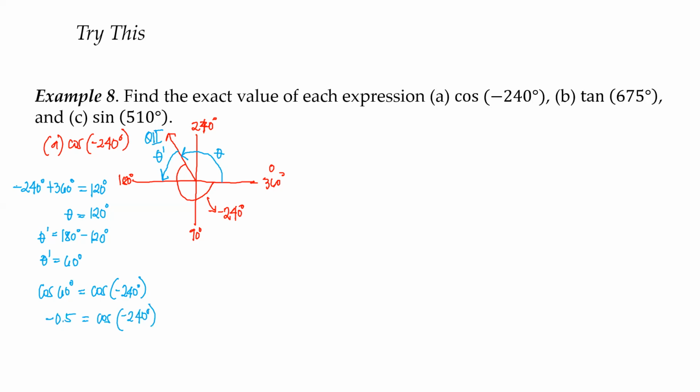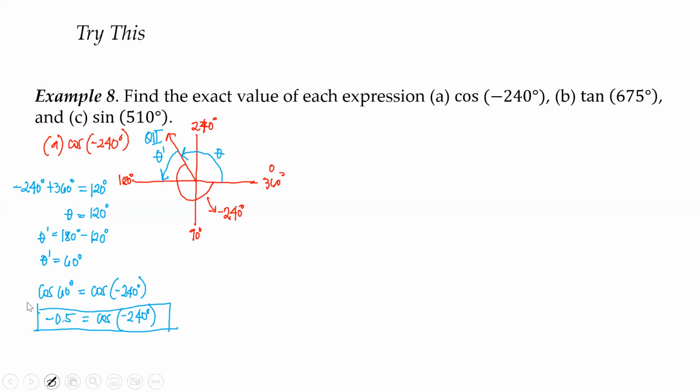So you try to check sine of negative 240, and that is indeed positive 0.866025403, which is square root of 3 over 2, and that is sine 60 degrees. So cosine of negative 240 is negative 0.5.